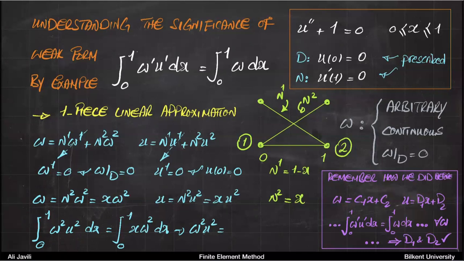On the right-hand side, w2 comes out. The integral of x dx is 1/2 x squared from 0 to 1, which gives you 1/2.